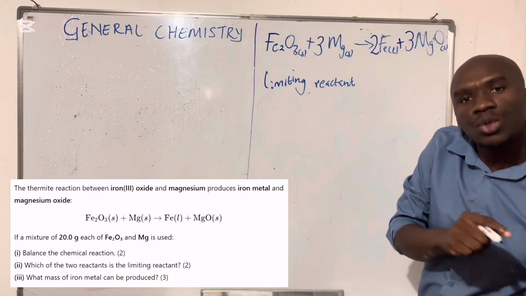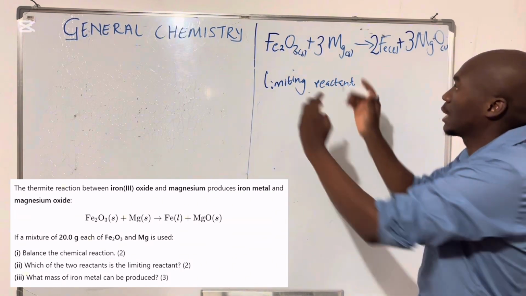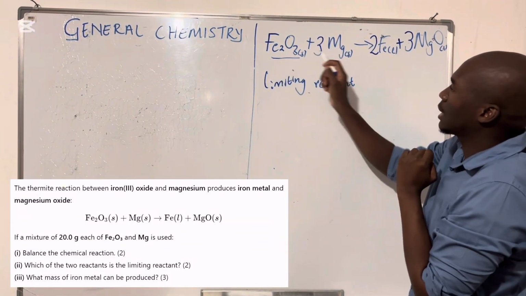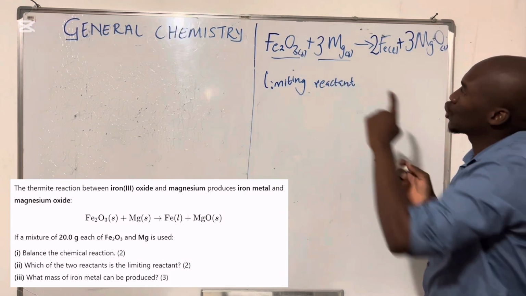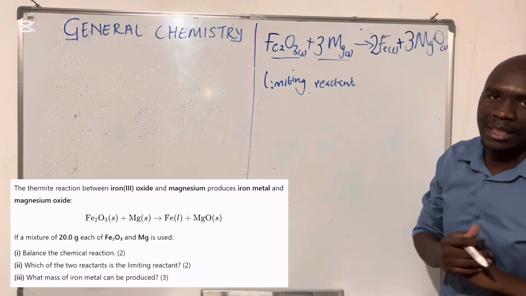So when they ask which one is the limiting reactant, how many reactants do we have? We have 2 reactants, the first reactant and the second reactant. Among these 2 reactants, which one is the limiting reactant?